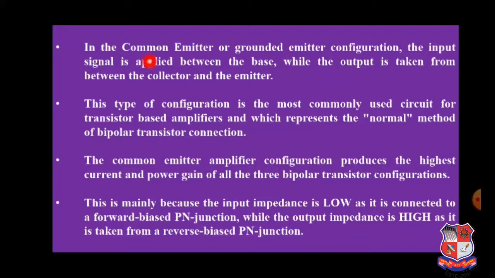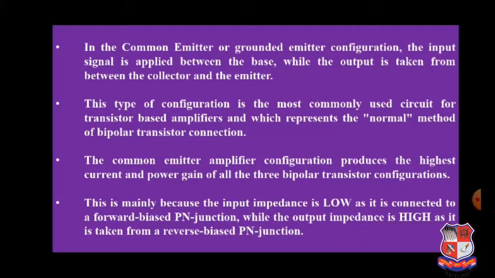So here in the common emitter or grounded emitter configuration, we can use both the words. Common means a grounded condition. The input signal is applied between the base and emitter, while the output is taken from between the collector and emitter.